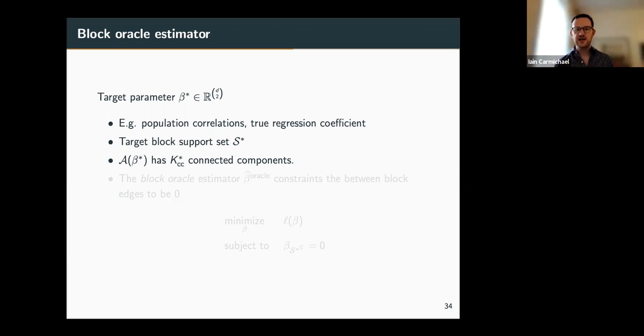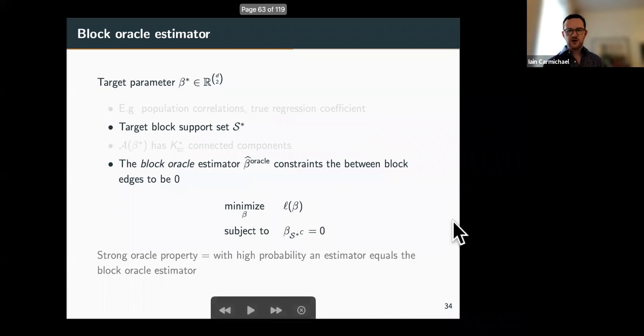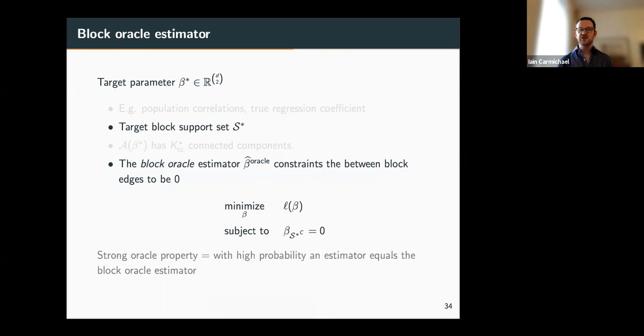In particular, it has some block support, which I'm going to write as S star. And our population parameter, we're going to say, has K connected components. And so the block oracle estimator is the solution to the following minimization problem: minimize our loss function subject to the constraints that the between-block edges are 0.